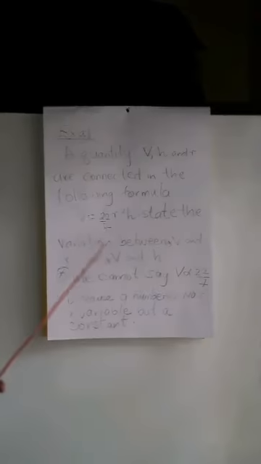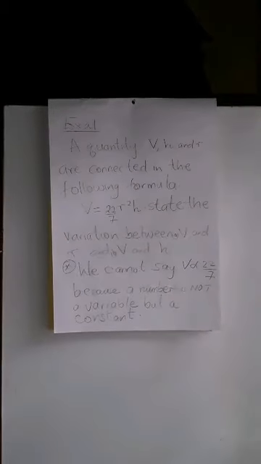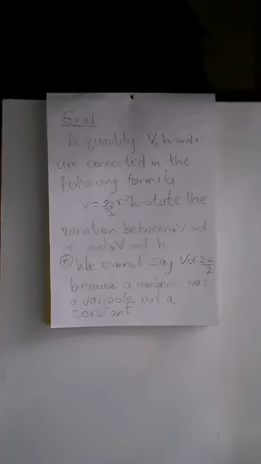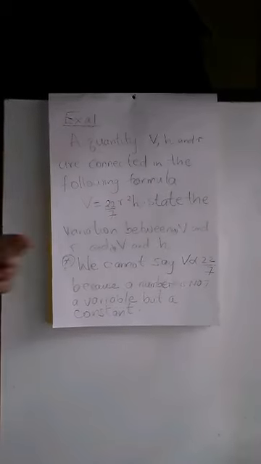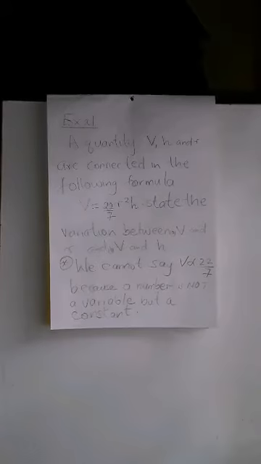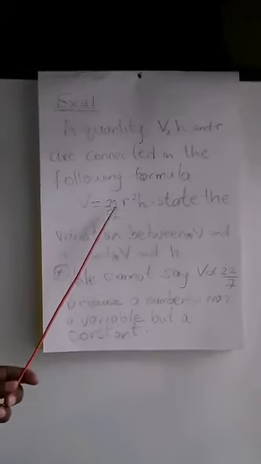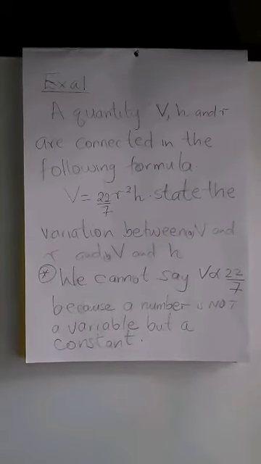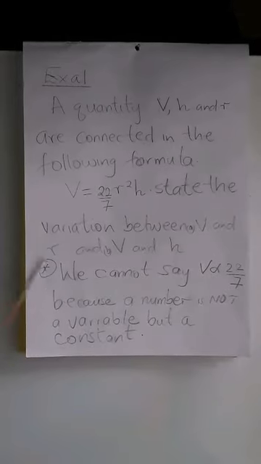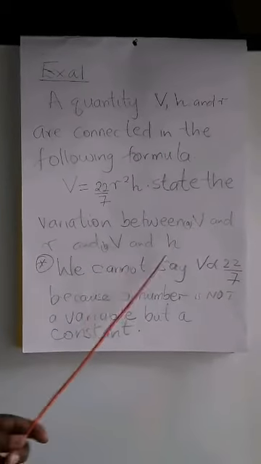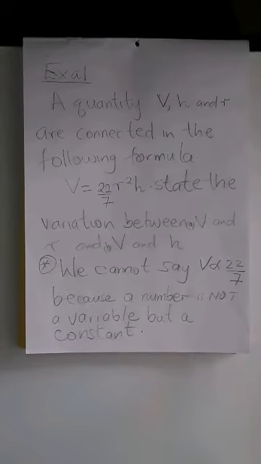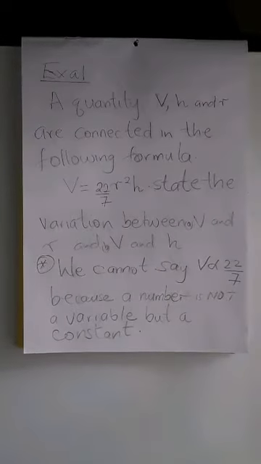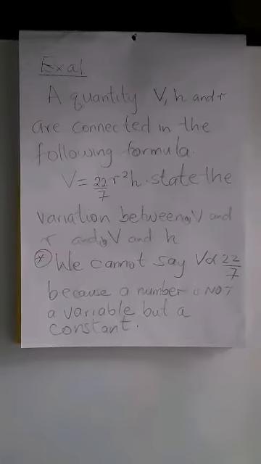So we look at an example. Quantities V, H and R are connected in the following formula. V equals 22 over 7 R squared H. State the variation between V, R, and H. First of all, note, we cannot say that V varies directly as 22 over 7 because 22 over 7 is a constant.